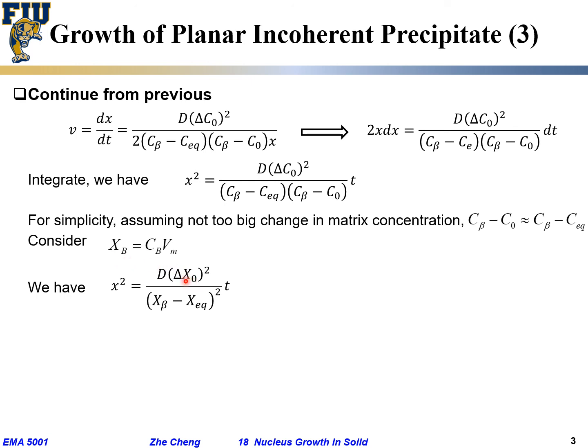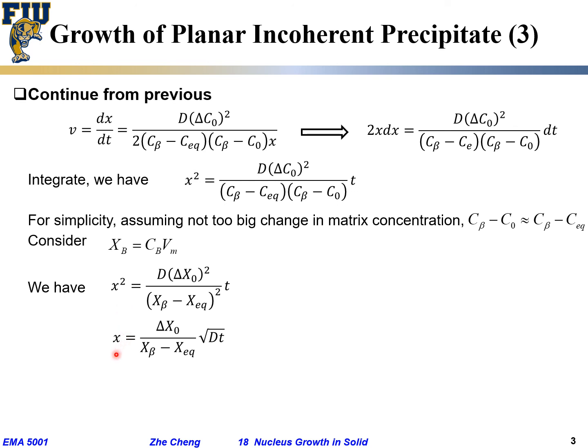Delta C0 changes to delta X0. C beta minus C equilibrium becomes X beta minus X equilibrium.